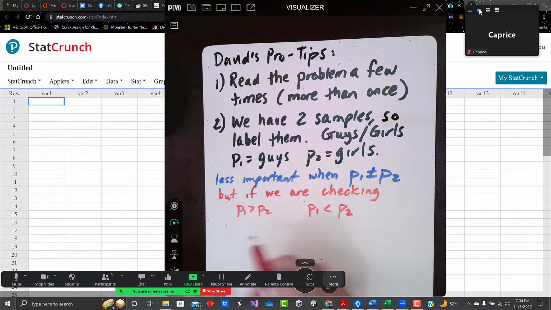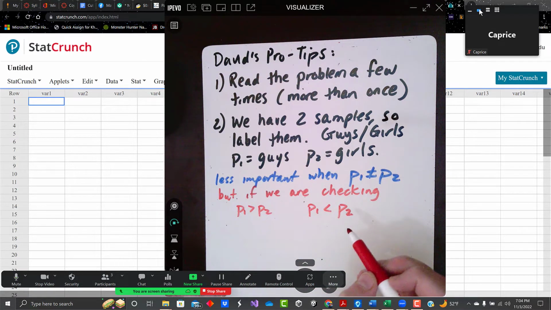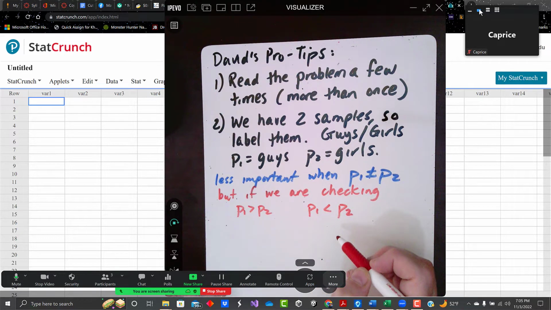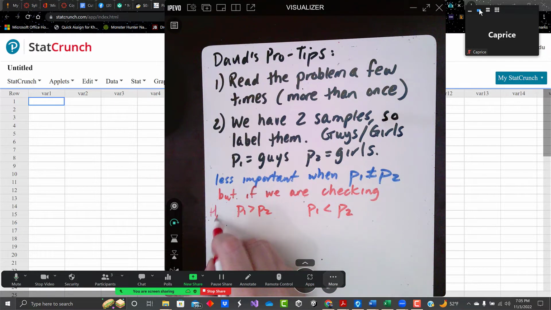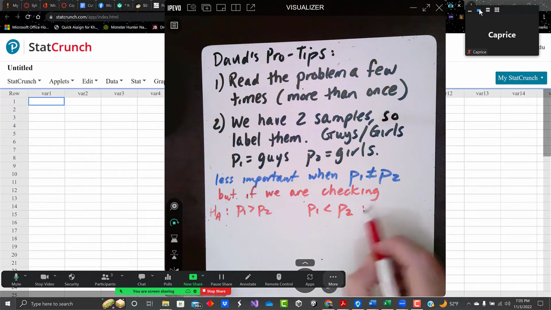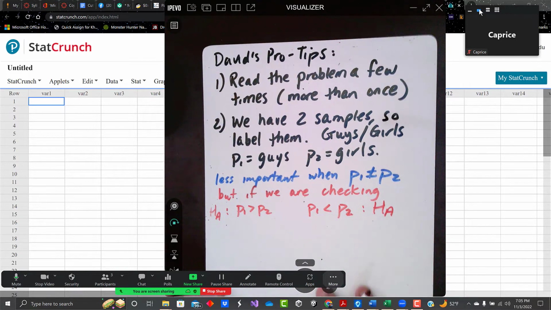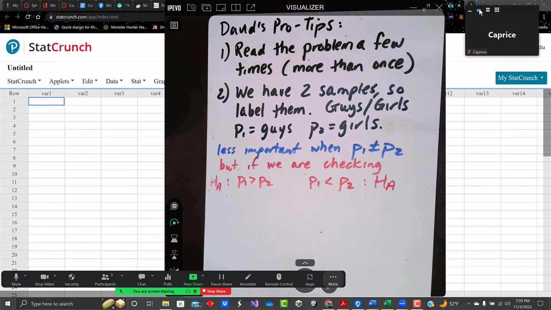Because depending on which population we name them, and we'll do it in a problem in a little bit, I'll show you how that changes HA. This affects HA by which order we put these in. So you need to label them. And on the final exam, you're going to need to label them. If you don't label them, I'm going to assume you are bullshitting me, and you're not going to get very many points.